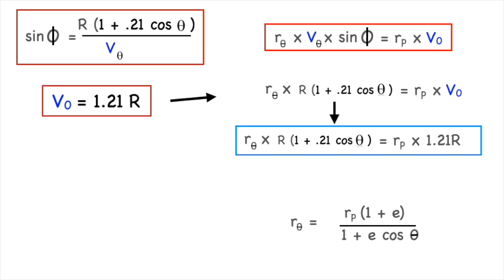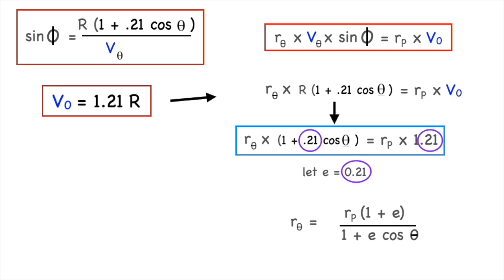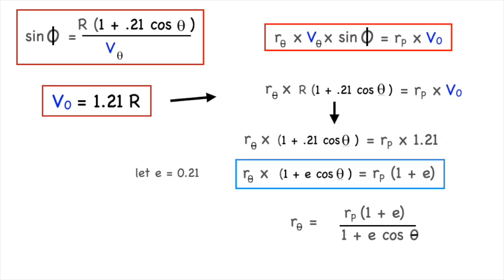Let's divide both sides of this equation by capital R. Now let's just make a wild guess and suppose that E equals 0.21. Substituting then for E, we get this equation in the blue box.